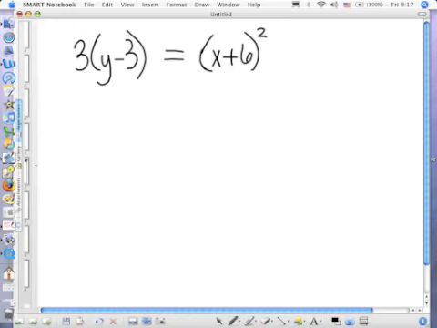Now don't distribute the 3. You just complicate things. If 3 is multiplied by this group, I can remove that by dividing by 3. Well, on the other side, dividing by 3 is the same thing as doing what? Multiplying by 1/3.